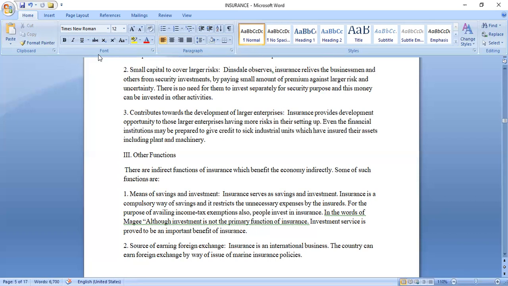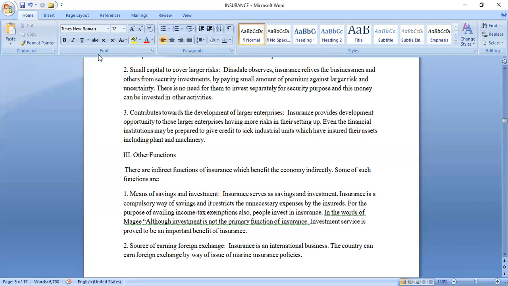Remember, we looked at the Lehman Brothers, that financial institution in the US that actually began in the 1800s. It collapsed in 2008. If these financial institutions had insured themselves, maybe they wouldn't have become bankrupt. So businesses that have insured themselves are deemed creditworthy by financial institutions, by banks. So they can get loans. Are we together?